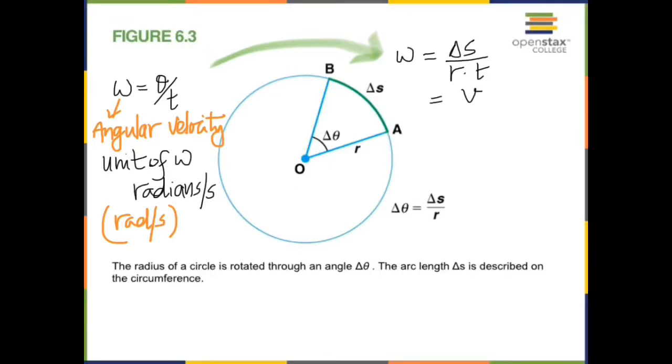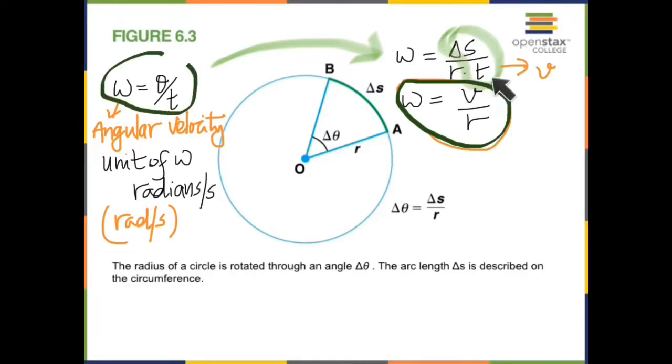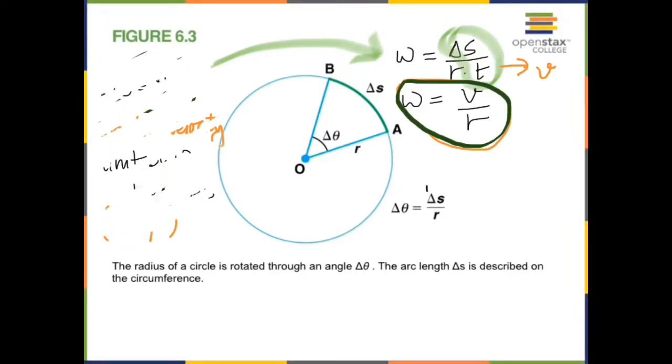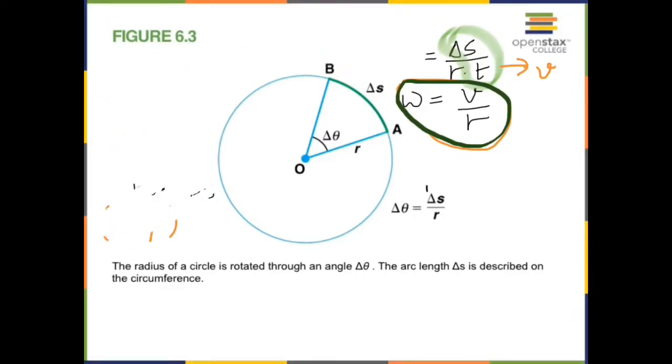So you see the formula here? Angle is length of the arc divided by radius. So I'm substituting for theta as delta S, which is the length of the arc, divided by radius. So when I do that, I get linear velocity over radius, because delta S by T is nothing but linear velocity. So that's an important relation that gives the connection between angular speed and linear speed.